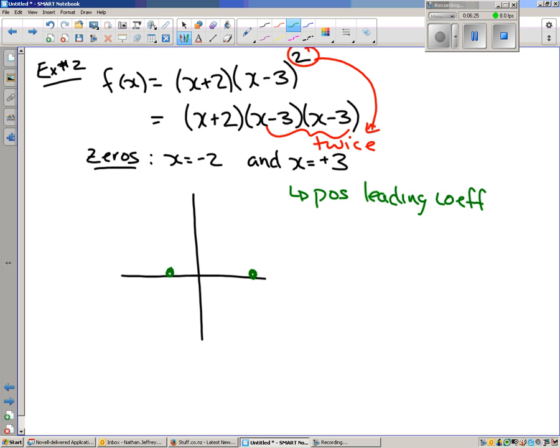Okay, this one's going to be another cubic. And if we combine those two things together, positive leading coefficient and it being a cubic, what can we tell? So we can figure out our end behavior. Our graph is going to run from quadrant 3 over to quadrant 1.